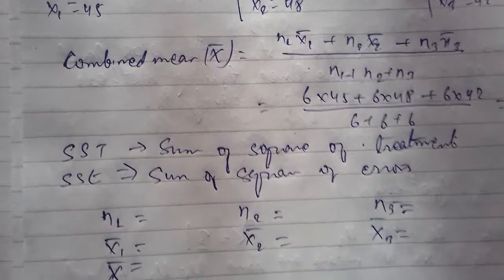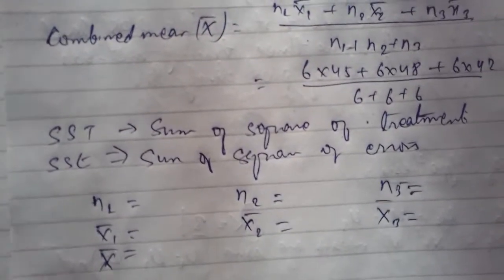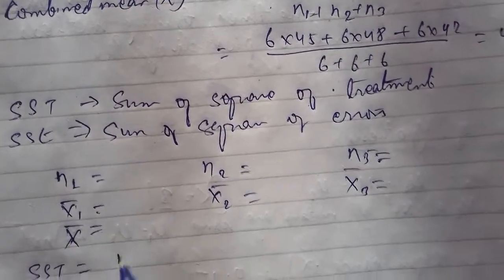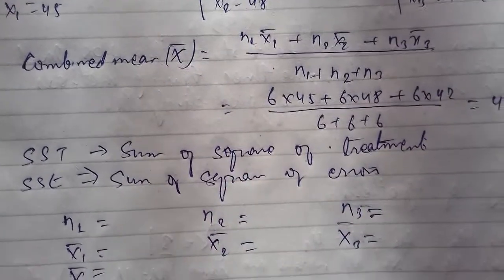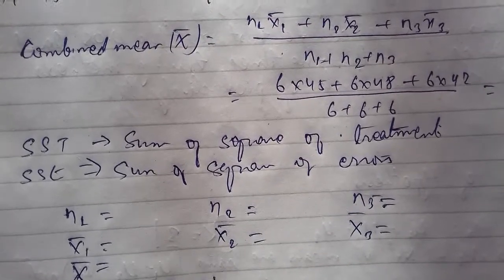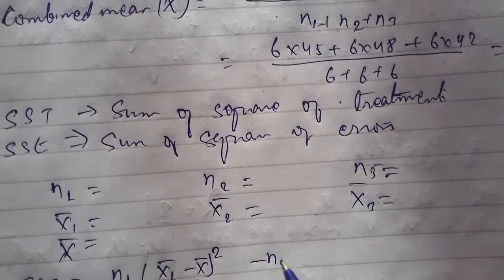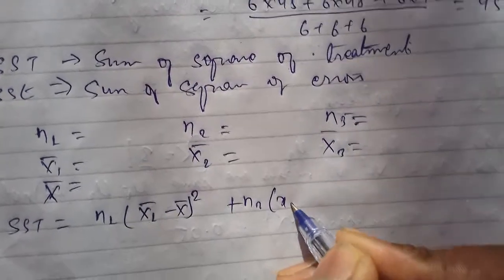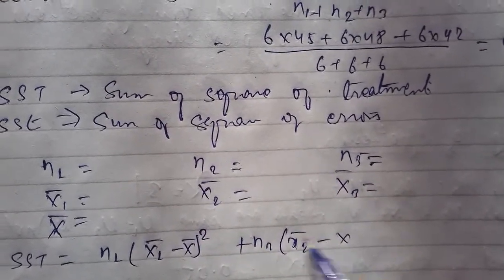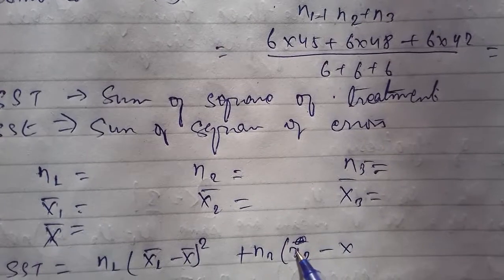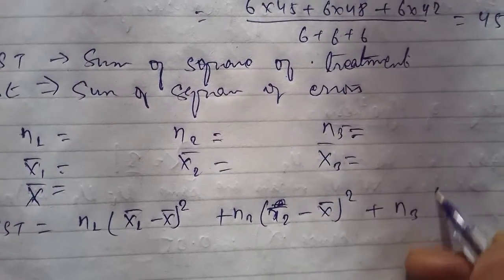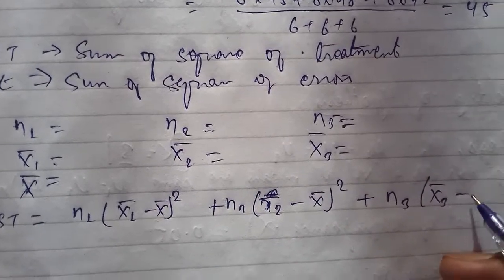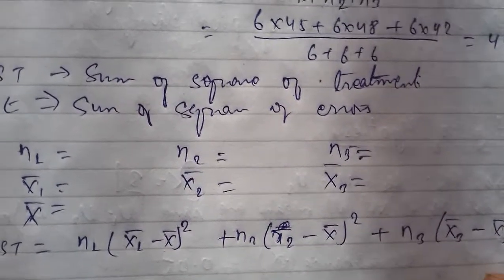We have these values in the table, and the formula for SST is n1 times (x1 bar minus x bar) squared plus n2 times (x2 bar minus x bar) squared plus n3 times (x3 bar minus x bar) whole squared.